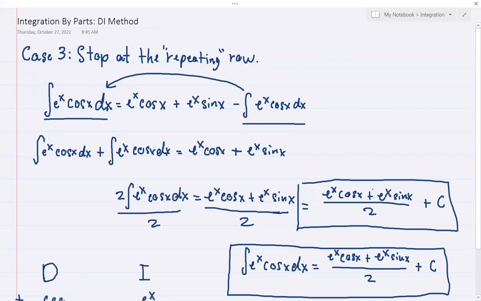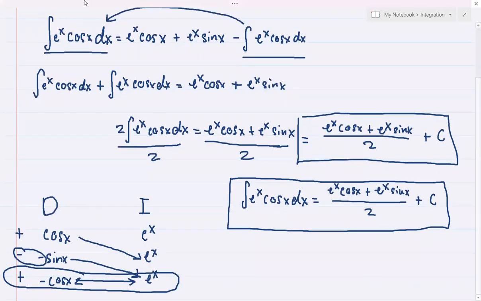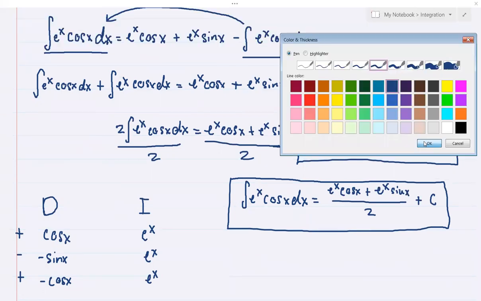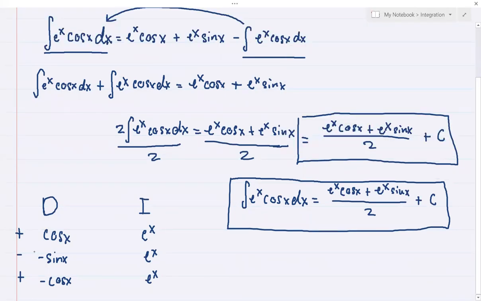So basically, if you take a look once again, how would you know if they are repeated? First, disregard the signs. Just take a look at the functions. And it's okay if there are some constants here.